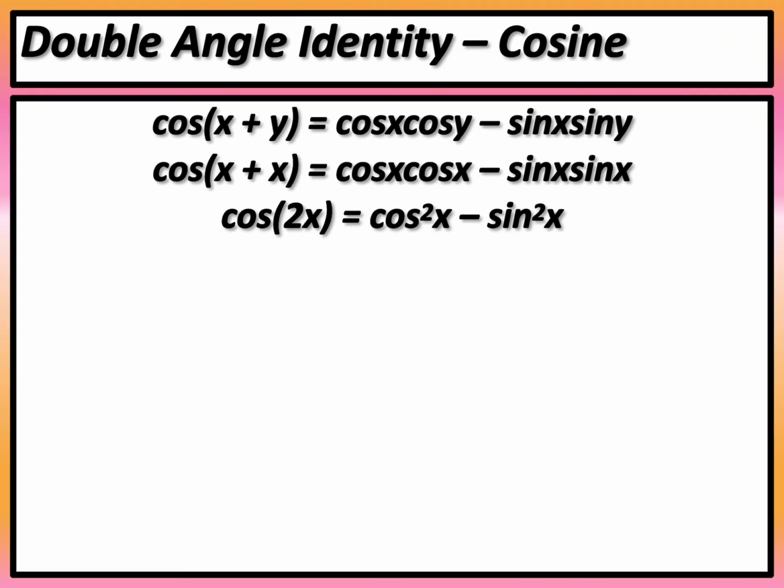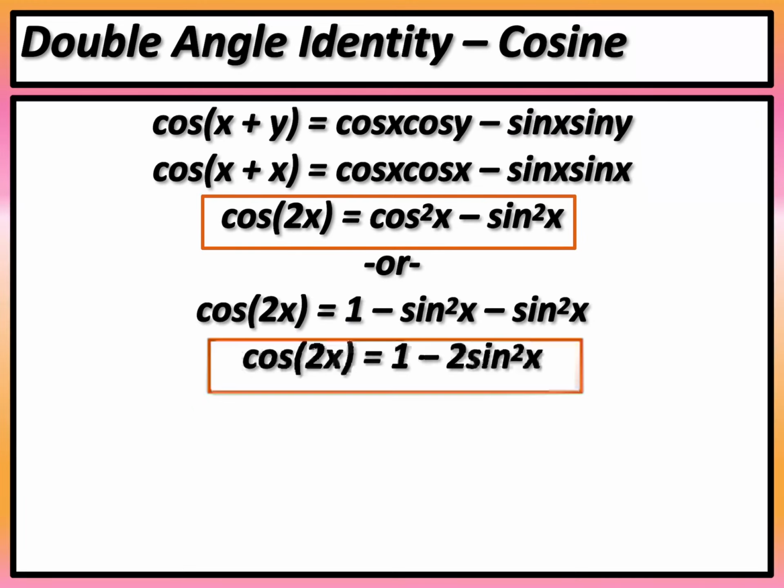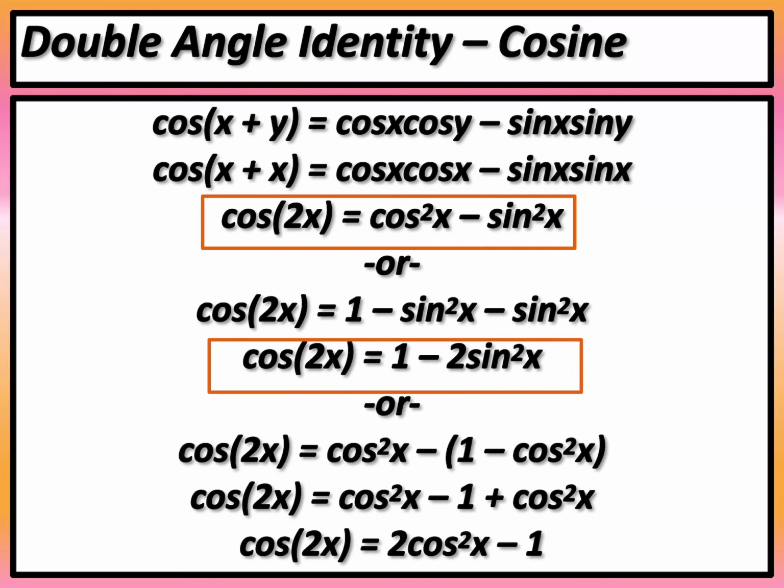So cosine 2 theta or cosine 2x, the double angle here, you actually have three different forms depending on how you swap out that Pythagorean identity of cosine squared plus sine squared equals 1. So for a double angle of cosine, you could use any one of these three identities. It just depends on the situation and perhaps what values you're given to work with.